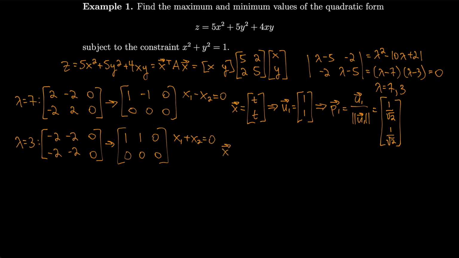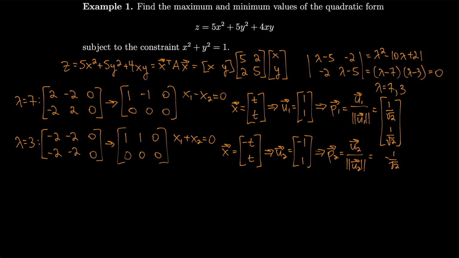So I get x is equal to minus t, t by setting x2 equal to t, and then I'll factor out t and get a second eigenvector, minus 1, 1, which I can normalize to get u2 divided by the length of u2, and that will be minus 1 over root 2, 1 over root 2.